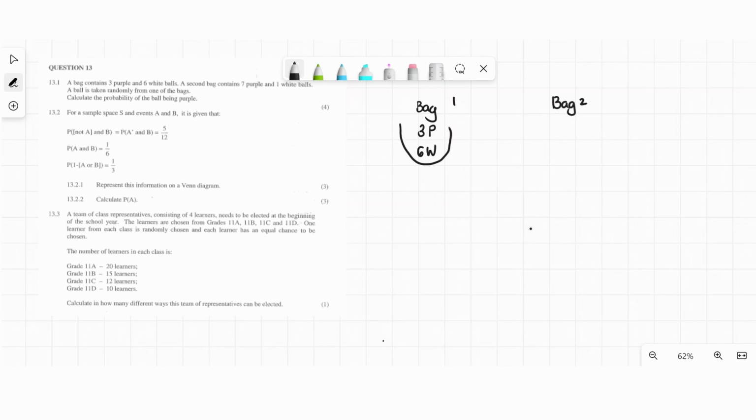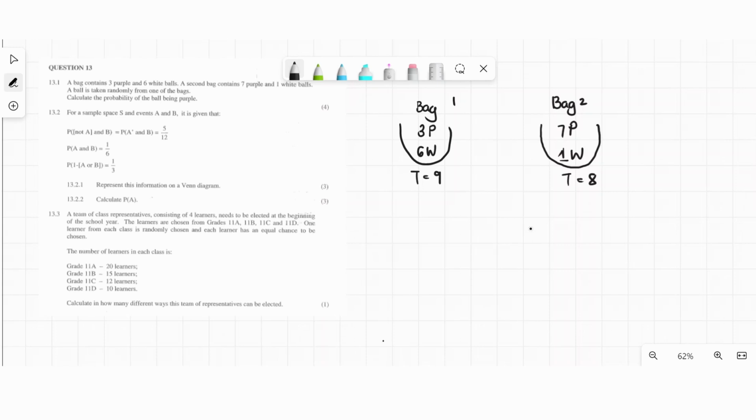It says the second bag contains 7 purple, which is 7 P, and 1 white, which is 1 W. So the second bag, this is going to be the second bag. So the total balls in the first bag is going to be T equals 9 balls. Then here T is going to be equal to 8 balls, right?